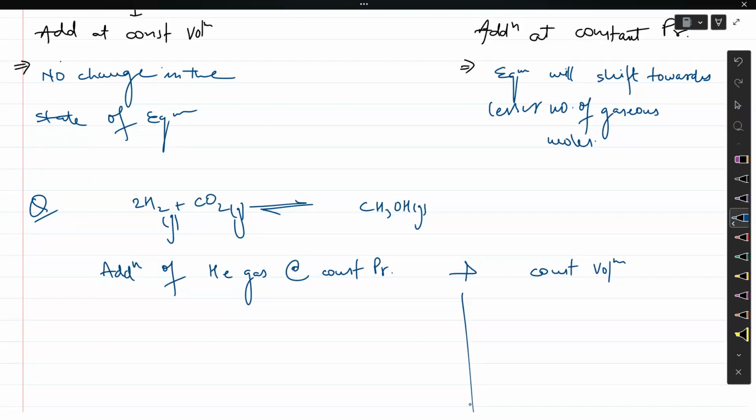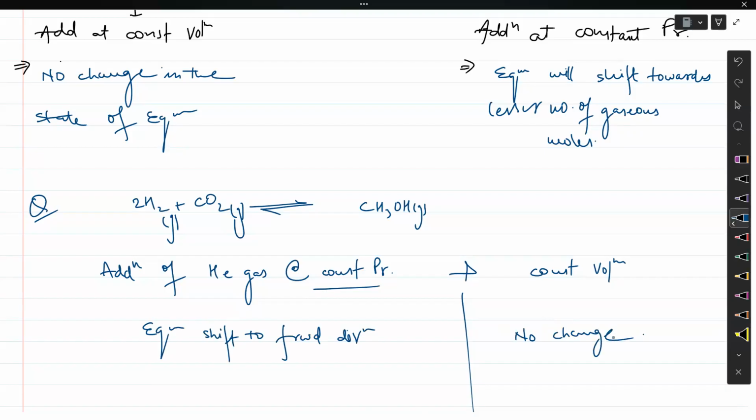Which one are you answering, constant pressure or constant volume? There are two cases. At constant pressure, the equilibrium will shift towards the forward direction, CH3OH. Okay, next, at constant volume: no change.